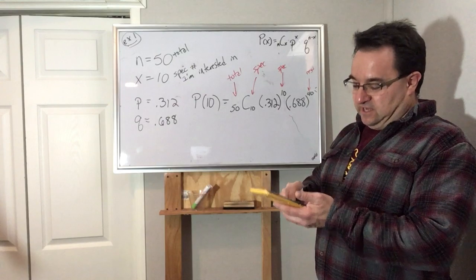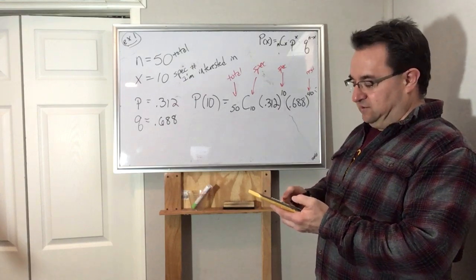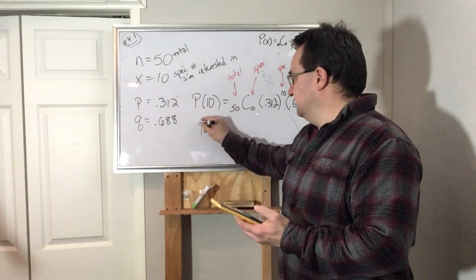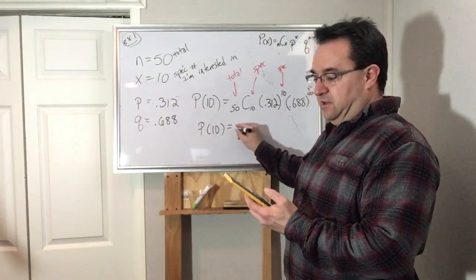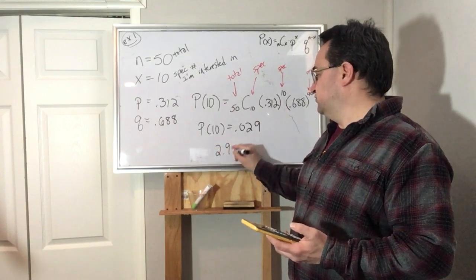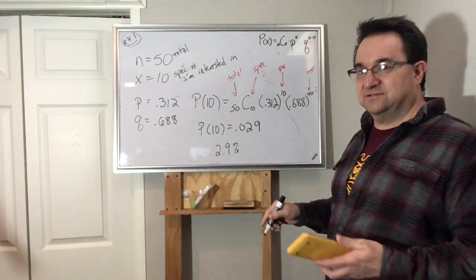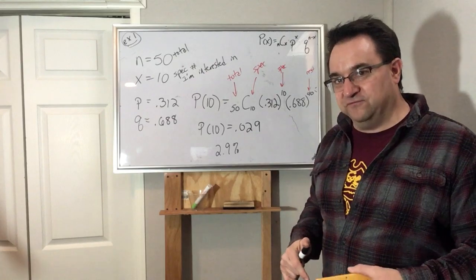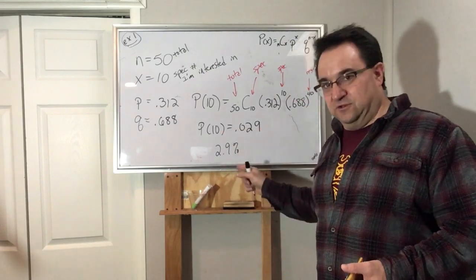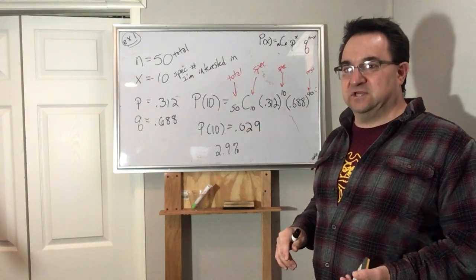And then I'm going to press times 0.688 to the 40, and that will give me a probability of 0.029, or in other words, there's a 2.9% chance that if I ask 50 people if they like blue as their favorite color, 10 of them will say yes. 3% chance that 10 of them will say yes.